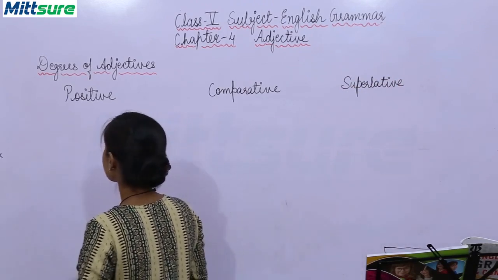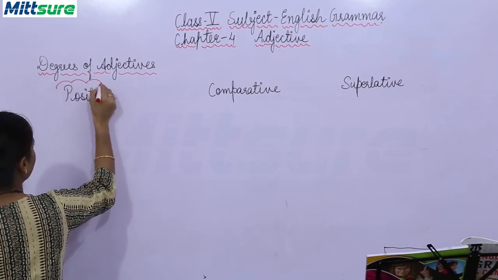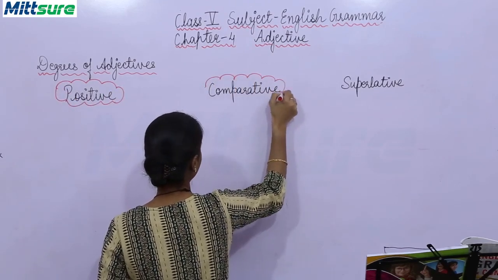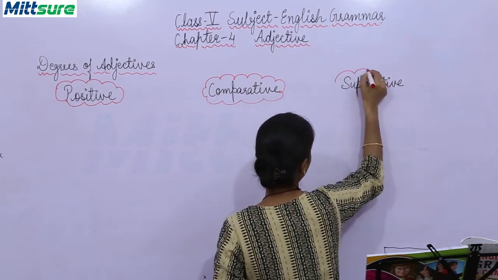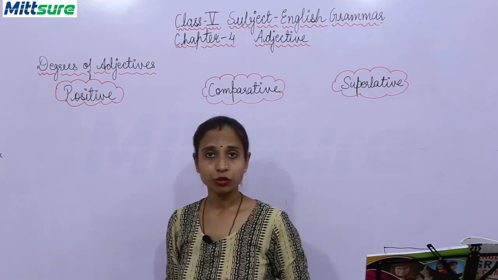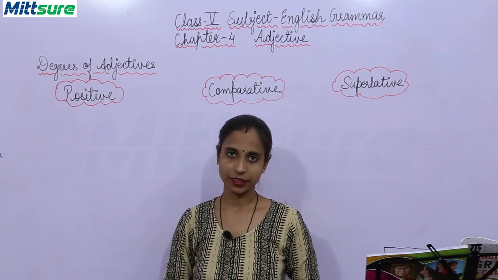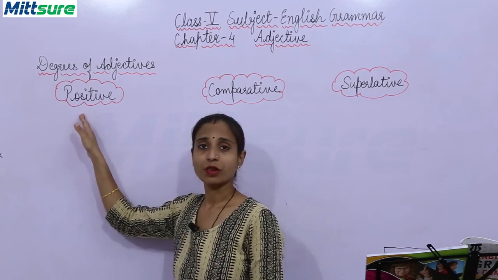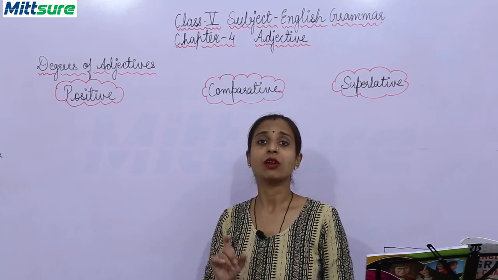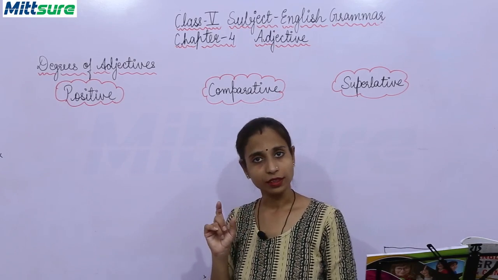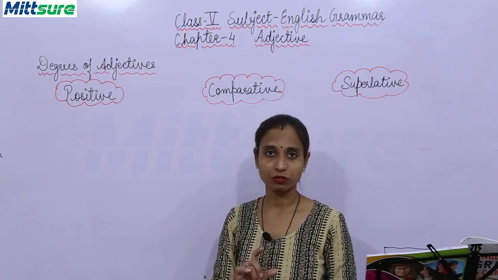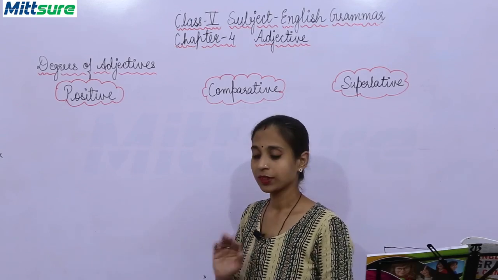These are the 3 degrees we have under degrees of adjective. Now, how to use them and where to use them, that we will study. First, I will come to positive degree. In positive degree, we use the original form of the adjective, the original word.